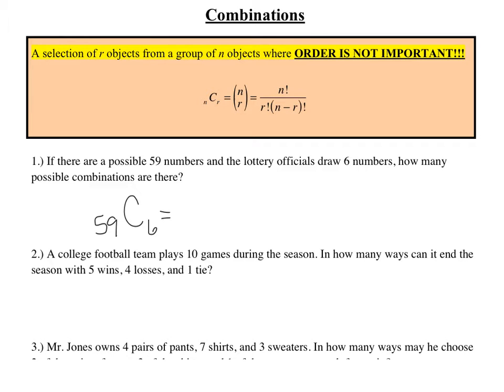So if we plug this into our formula, we do n factorial, so 59 factorial, over r factorial, so 6 factorial, times the difference between n and r factorial.